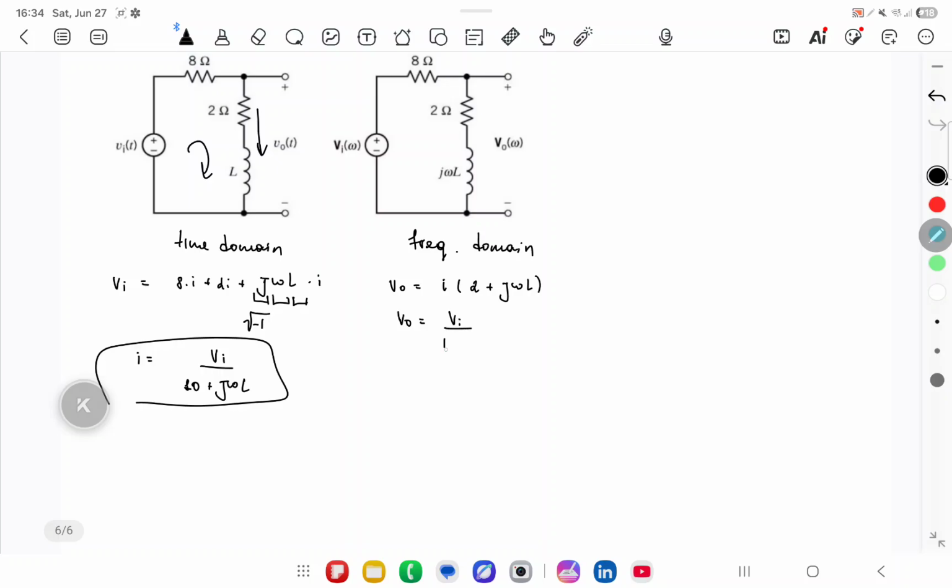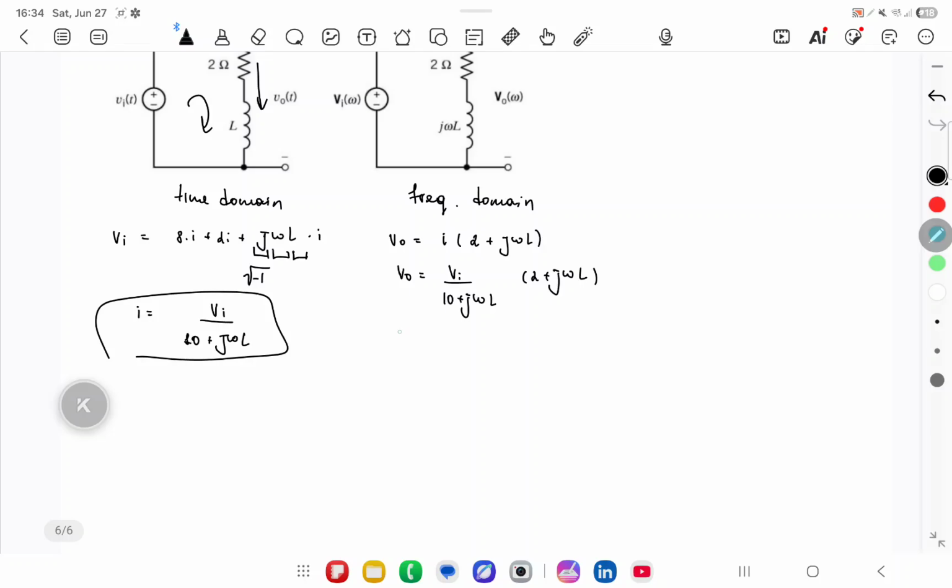So we may rewrite our equation and we'll get the following relation of V output and V input. In that case, we can already see something very familiar.